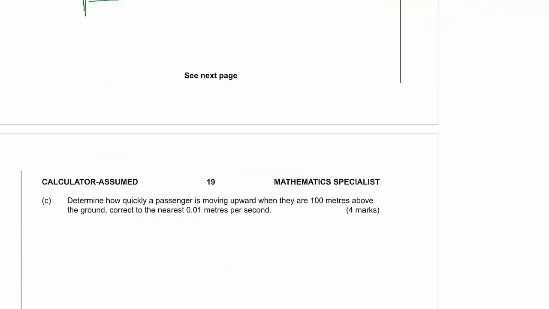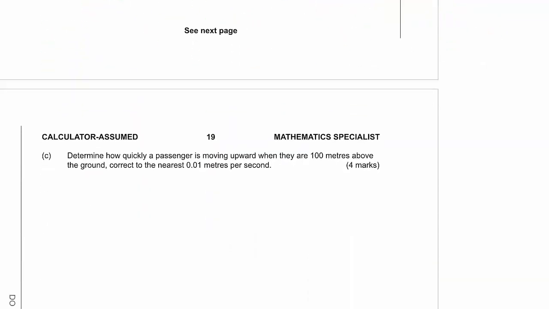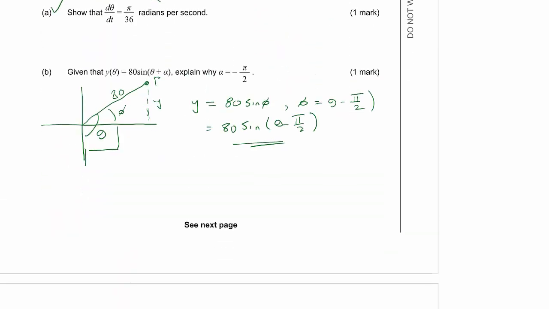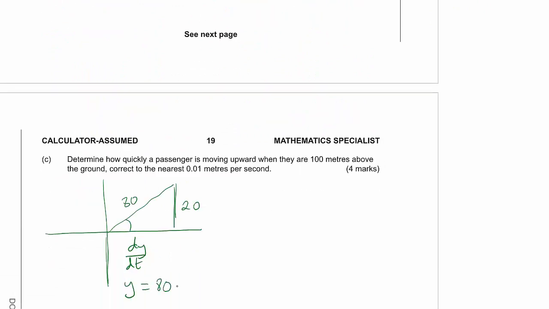Okay, what's the next part of the question say? Determine how quickly a passenger is moving upwards when they're 100 meters above the ground. Okay, so if they're 100 meters above the ground, that gives us that the y is 20. And so we can work out this angle because we know that this is 80. And we're wanting dy dt, but we know that y is 80 sine theta minus pi by 2.